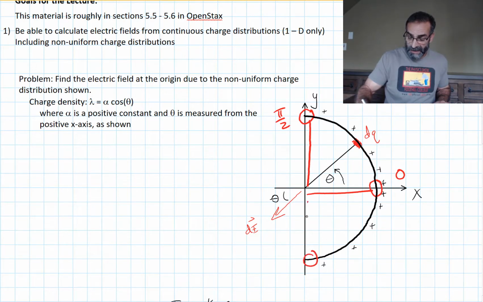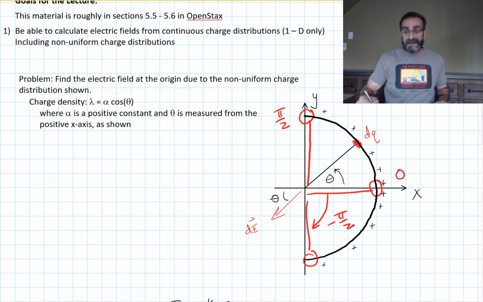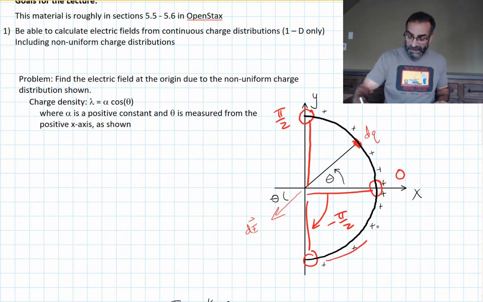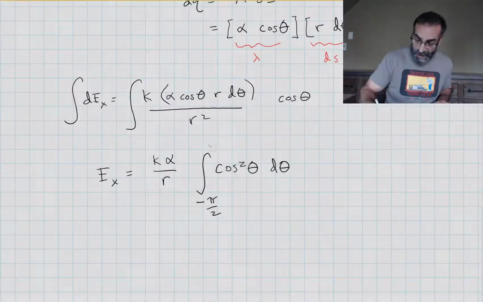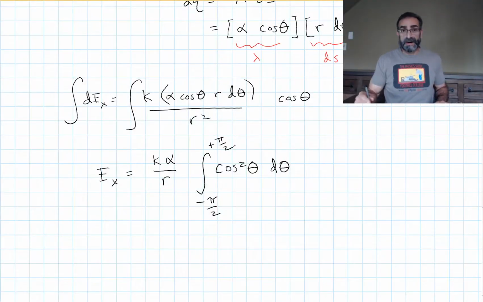And charge down here, it would be negative pi over 2. So our angle varies from negative pi over 2 up through 0 to pi over 2 in order to include all the charge on that rod. Minus pi over 2 to plus pi over 2 are our limits of integration.